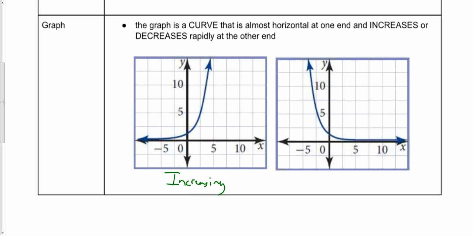And then the example on the right, you see it moves down from the left to the right. So this is a decreasing exponential function.